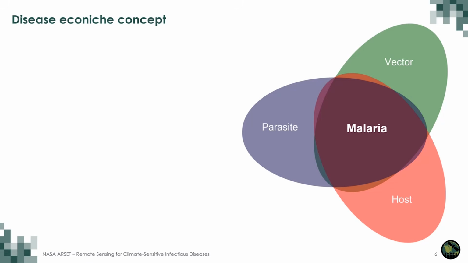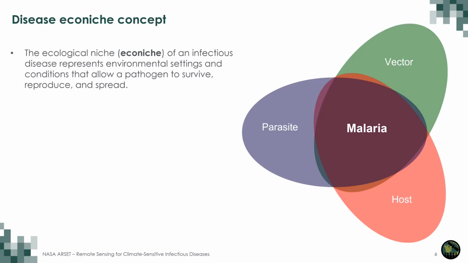This is the term that I have introduced, and it's drawing from ecology and disease ecology, and Earth observation data presents an exceptional source of information about various components of a disease eco-niche. So the ecological niche, eco-niche, is a combination of environmental settings and conditions that allow a pathogen to survive, reproduce, and spread.